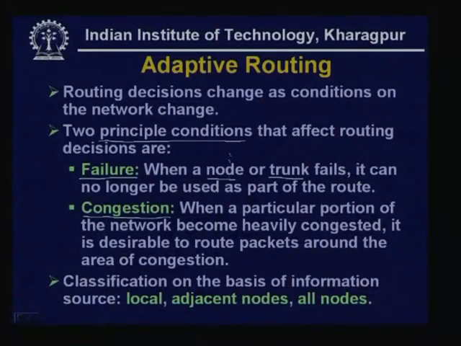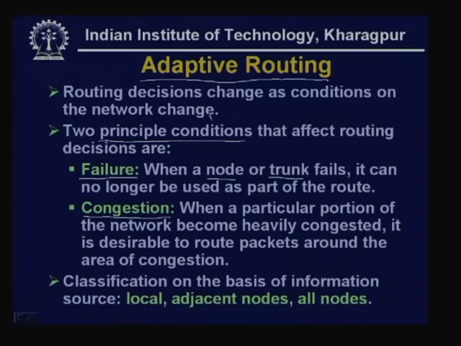The same technique has to be used here. It is necessary to reroute the traffic such that it does not go through the congested area, but around it, and that is adaptive routing. The adaptive routing will keep on modifying the routing table or whatever it may be, so that the dynamic conditions because of failure and congestion are taken care of.